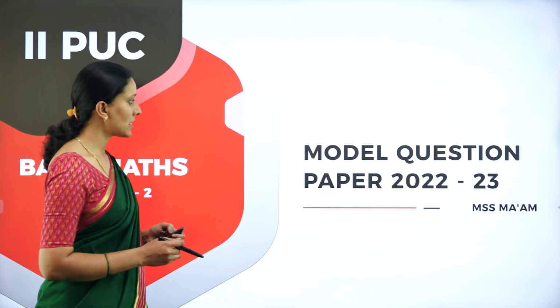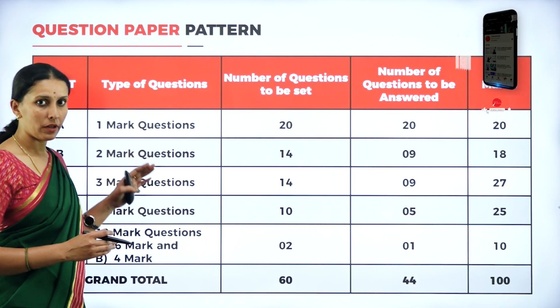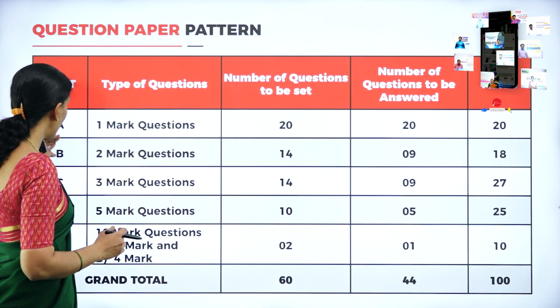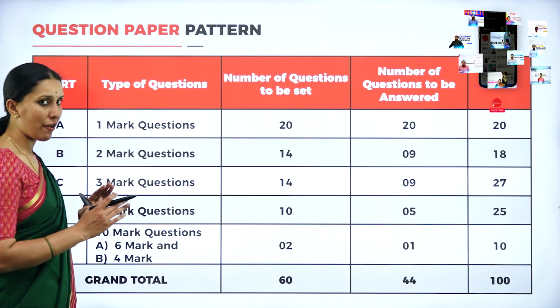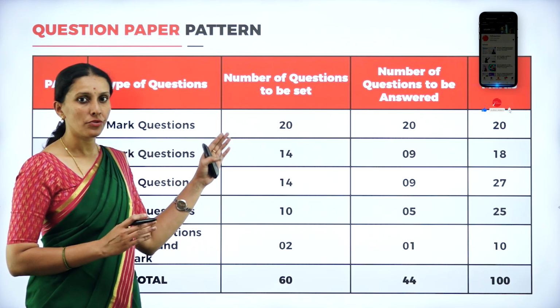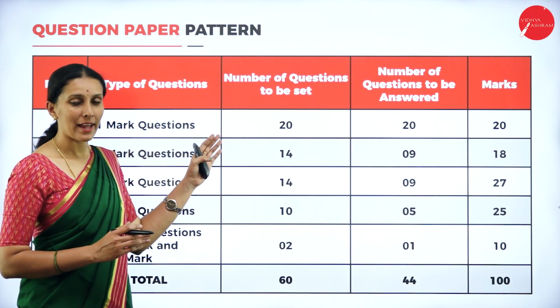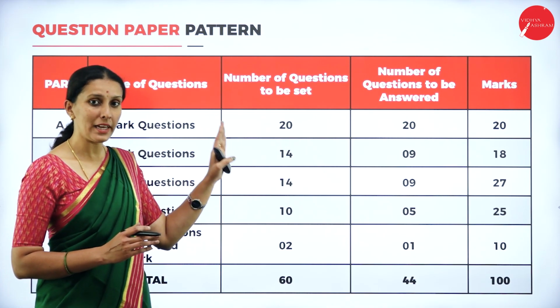As we have discussed in the earlier session, your pattern of the question paper will be in this form. From part A to part E, you have 5 sections. Part A is 20 questions carrying 1 mark. Part B is 14 questions carrying 2 marks. You are supposed to answer only 9.